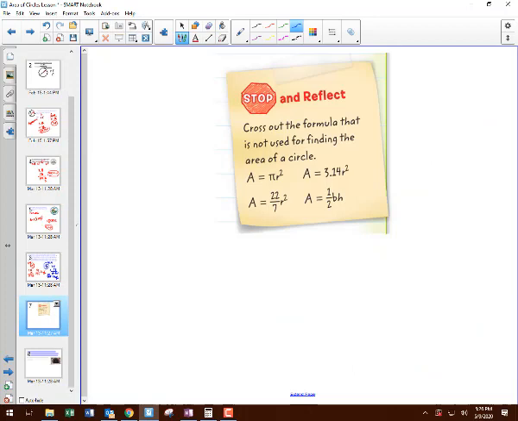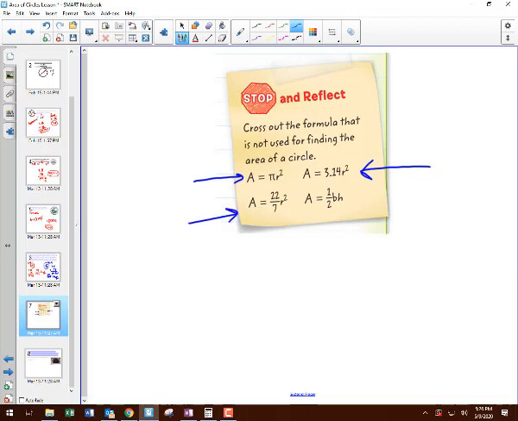Moving on here, just a quick question here. Stop and reflect. Cross out the formula that is not used for finding the area of a circle. Okay, so if we look at this one here, it says area equals pi times radius squared. Well, that sounds just like what we talked about here. How about this one over here? 3.14 times radius squared. Well, 3.14 is pi, so that one's okay.